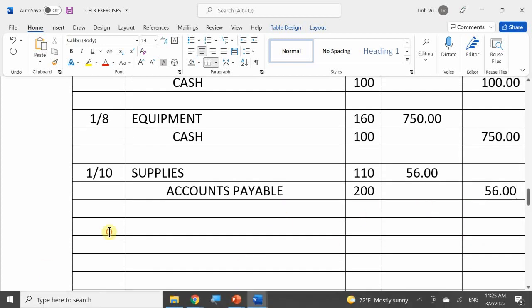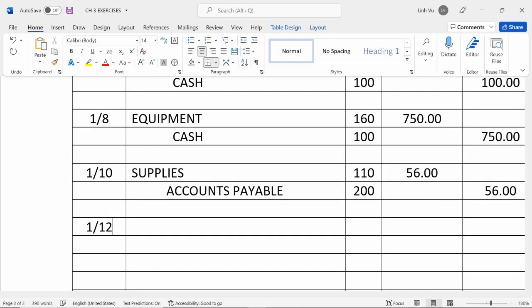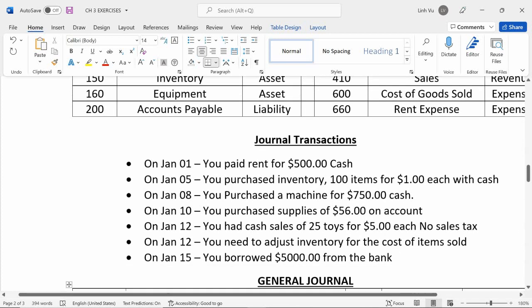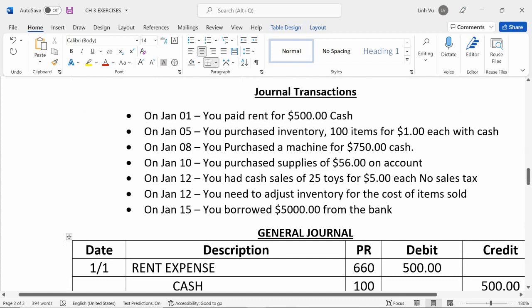It's January 12th. We increased our cash and we increased our sales. Now, by how much? How much did we sell? Well, in this case, I sold 25 toys for $5 each.